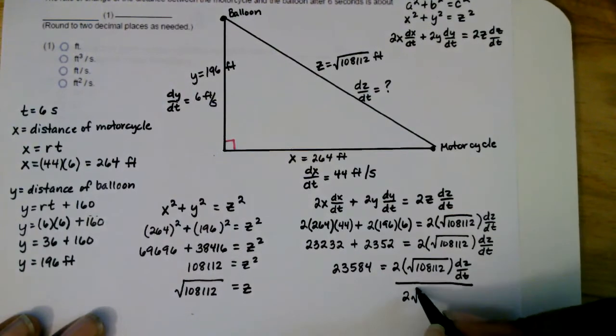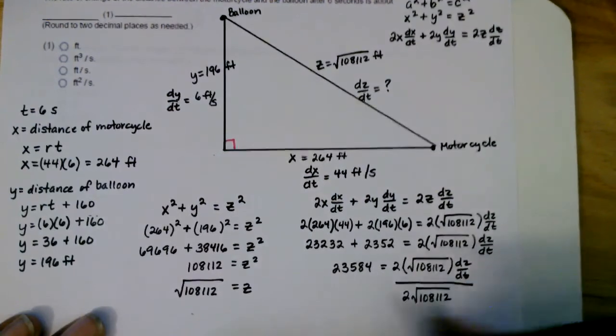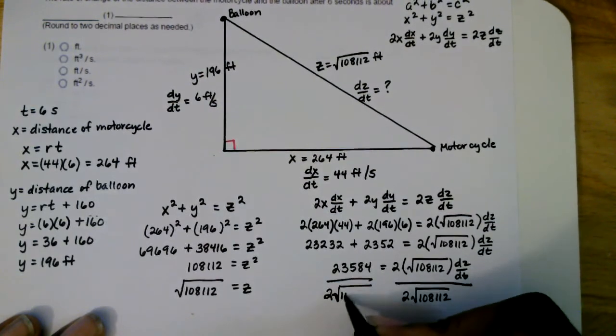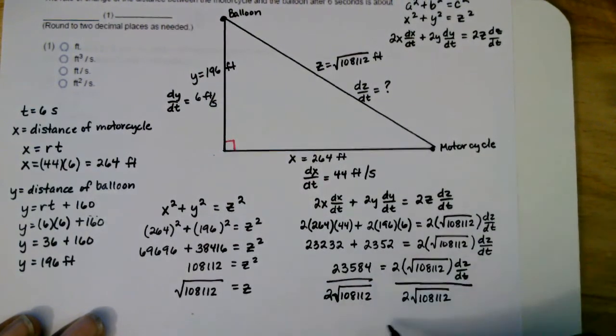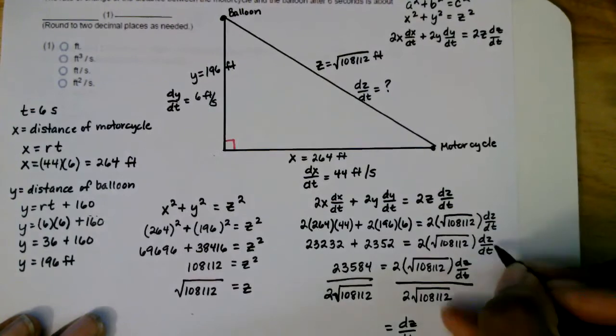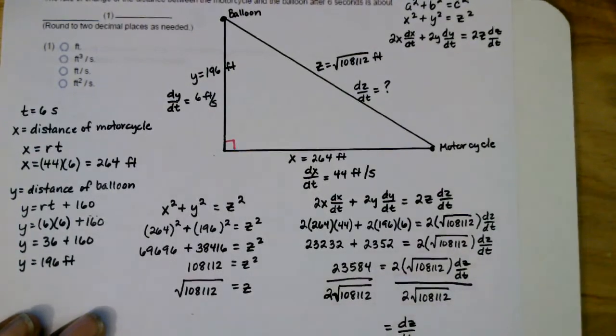And then we'll divide both sides by 2 square root of 108,112. So dz dt, and by the way, those are z's, dz dt.